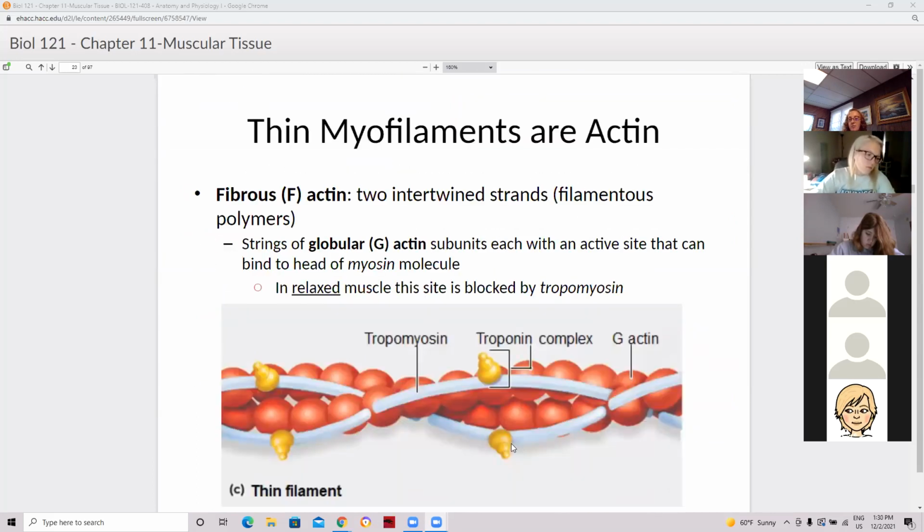The thin myofilaments are actin. These thin intertwined filaments are strings of globular actin subunits. Each of these subunits has an active site that can bind to the head of the myosin.